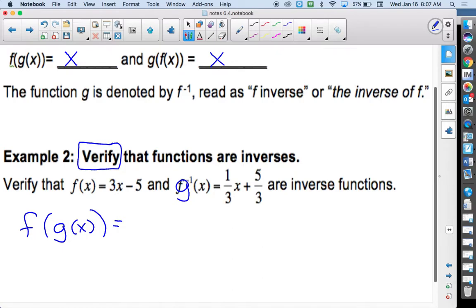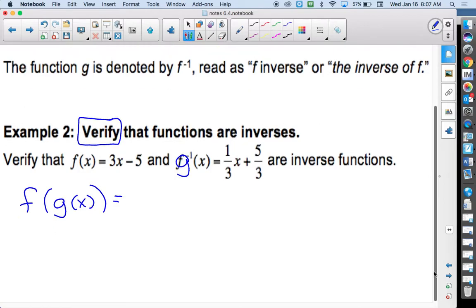So prove means show, verify. See that it works, check that it works. So we're going to take out the g function and replace it with its equation, 1/3 x plus 5/3. I know there's fractions, don't get too worried.